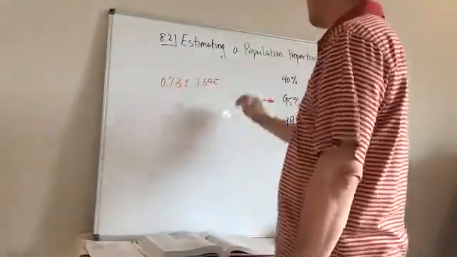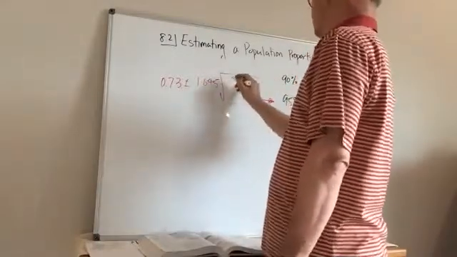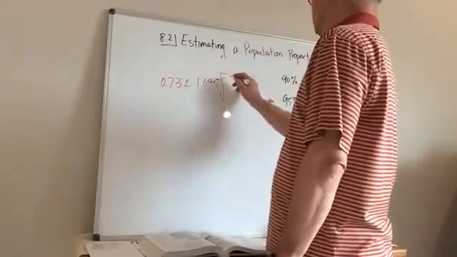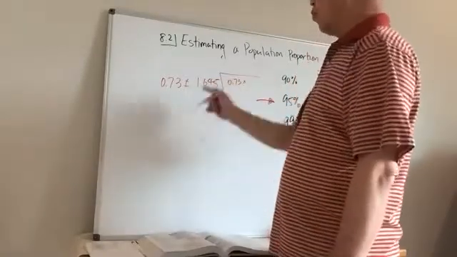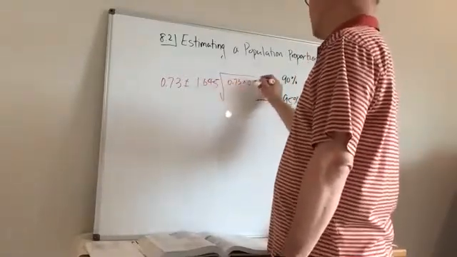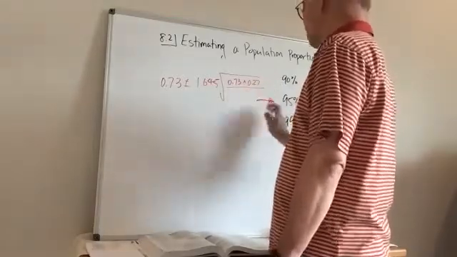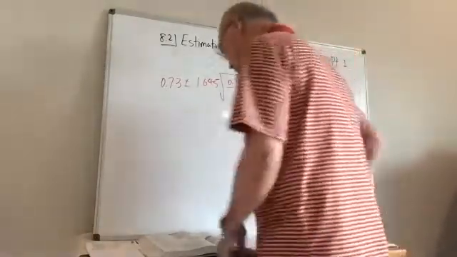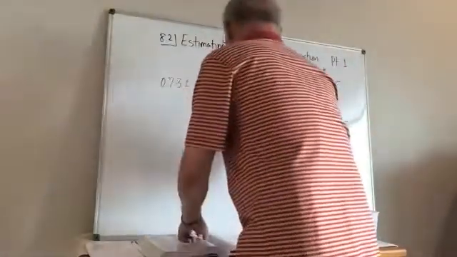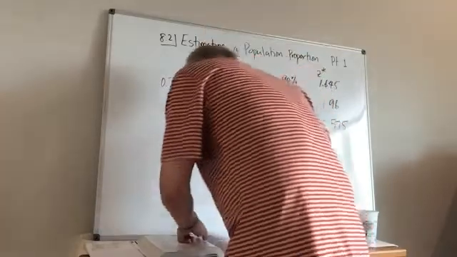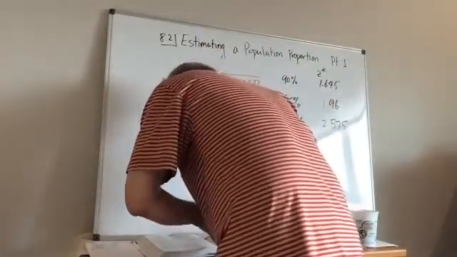1.645 times the square root of p, 0.73, times 1 minus p, 0.27, over, what was our sample size? 1520. Okay, that's it.